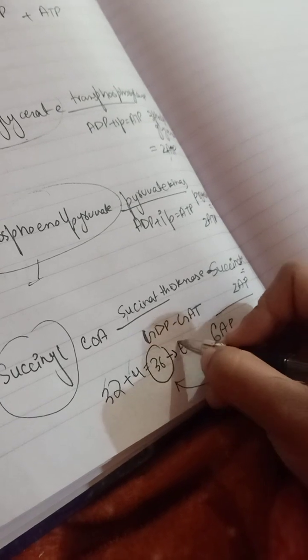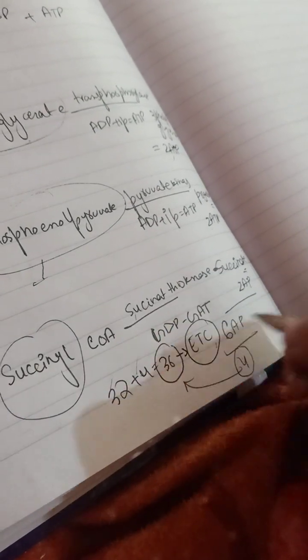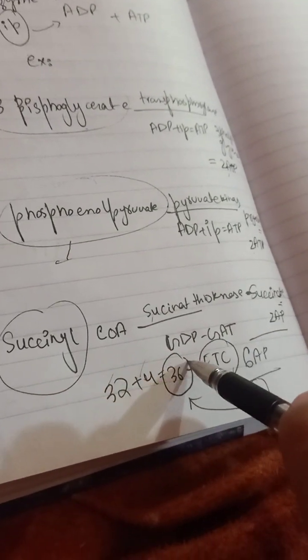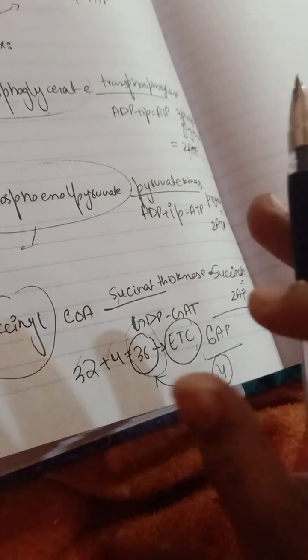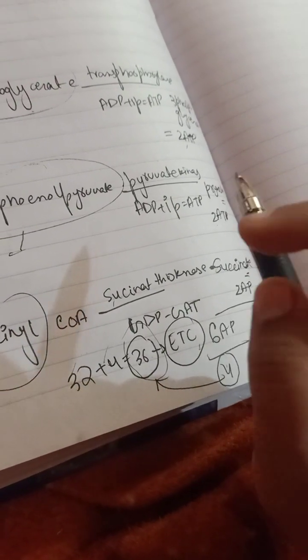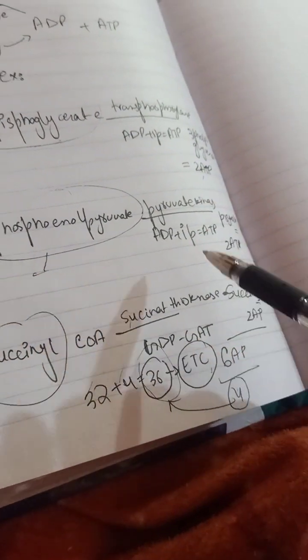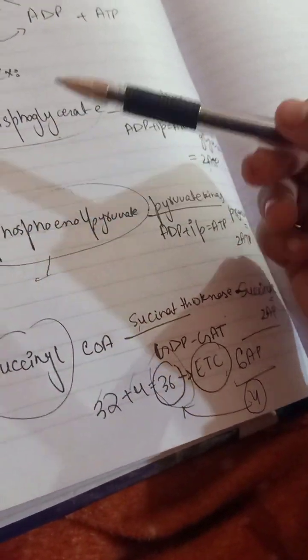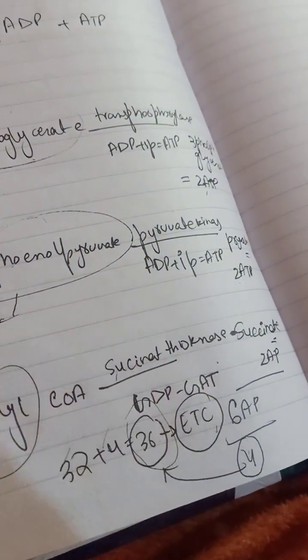This was the electron transport chain through which ATPs occur, giving 36 ATP molecules. So 2 ATP is from the Krebs cycle, and 4 ATP is from glycolysis.